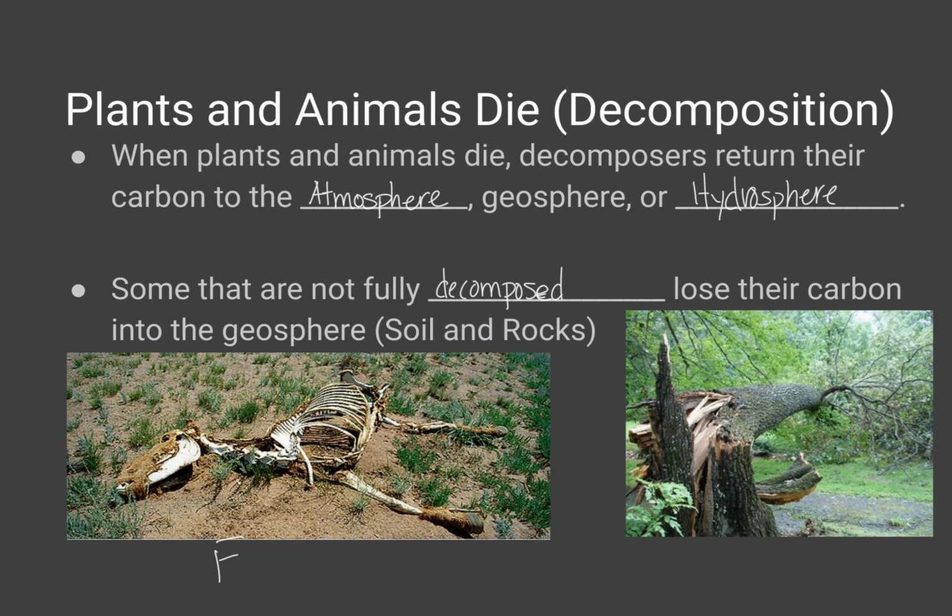And we can think of this as a fossil for animals, and we sometimes call that petrified wood for plants. So fossils and petrified wood are examples of where the thing itself has become rock based. Fossils are essentially rocks.